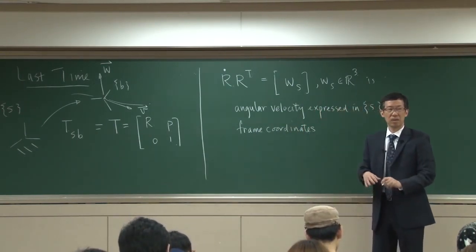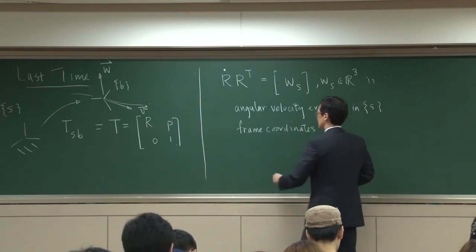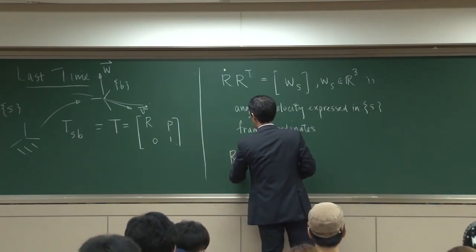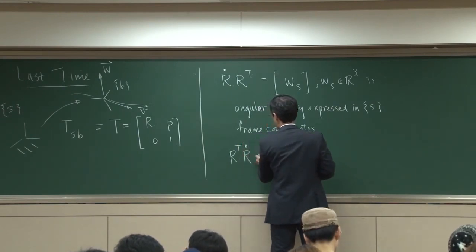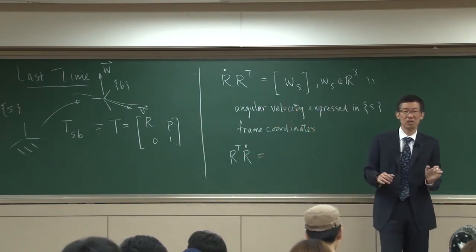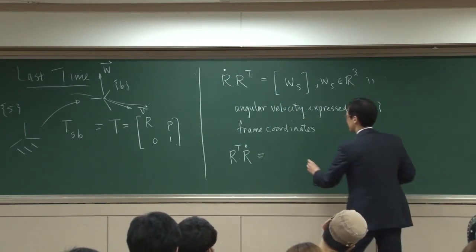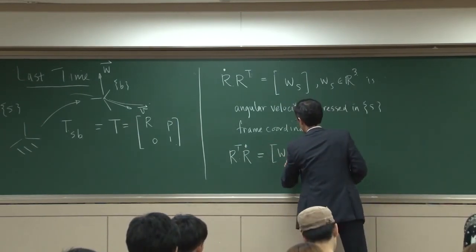The other half of the result is that if we reverse the order and multiply R dot by R transpose from the left, we get another skew-symmetric matrix. Let's call it omega b.